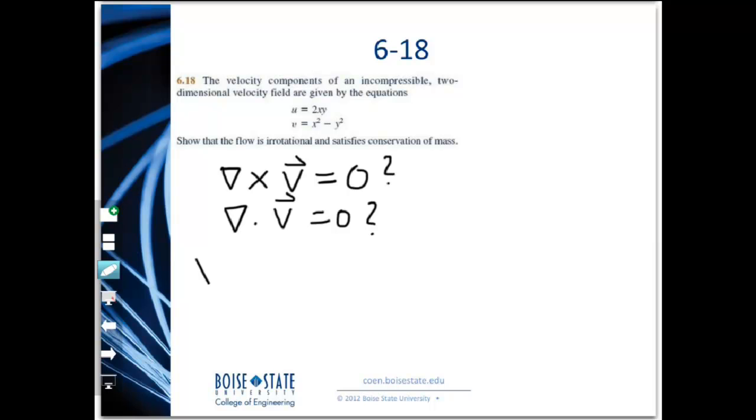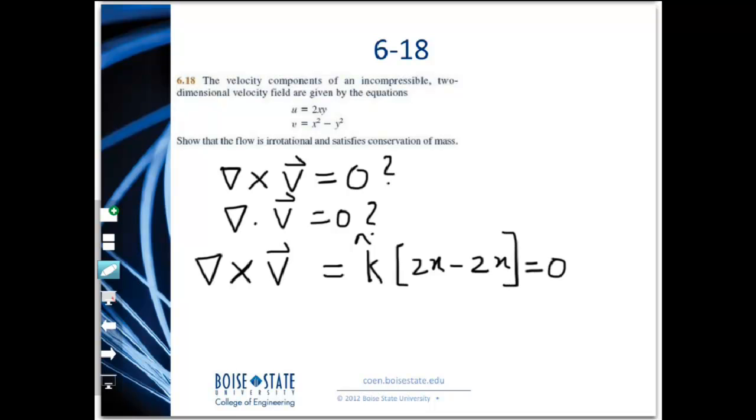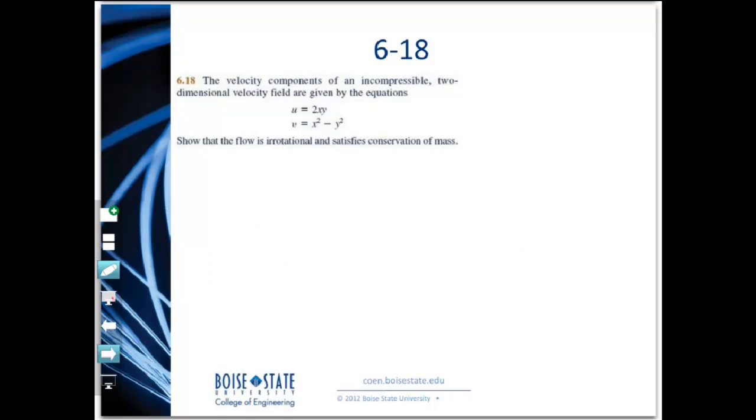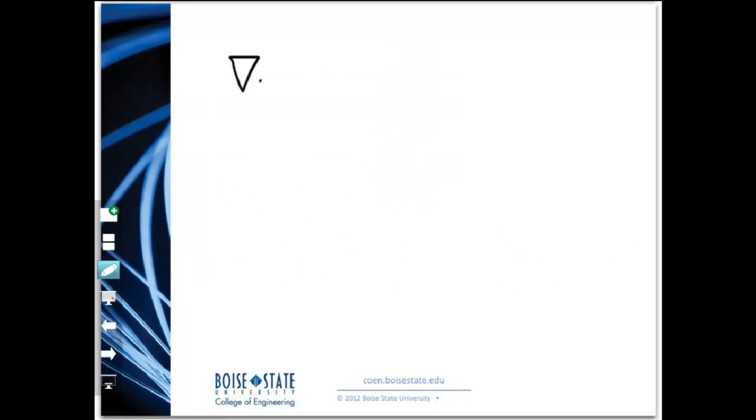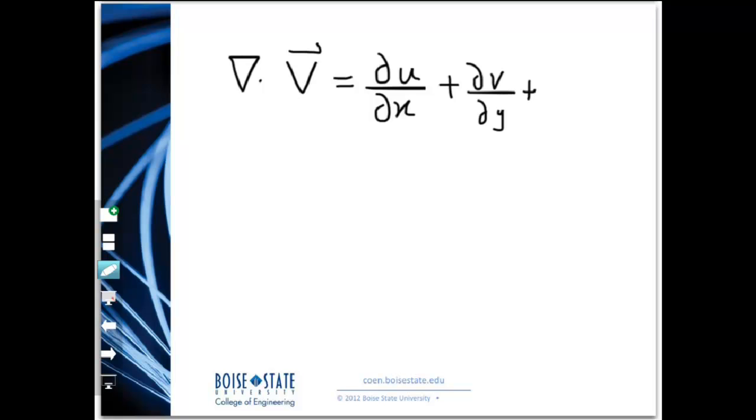Okay, so I'll let you do this del cross V, and you'll observe that it will turn out to be k times 2x minus 2x, which is 0. So it is irrotational, and let's compute del dot V. So ∂u/∂x plus ∂v/∂y plus ∂w/∂z.